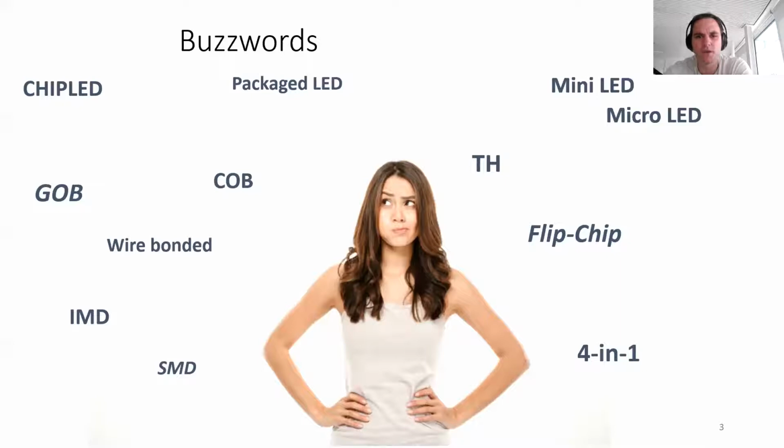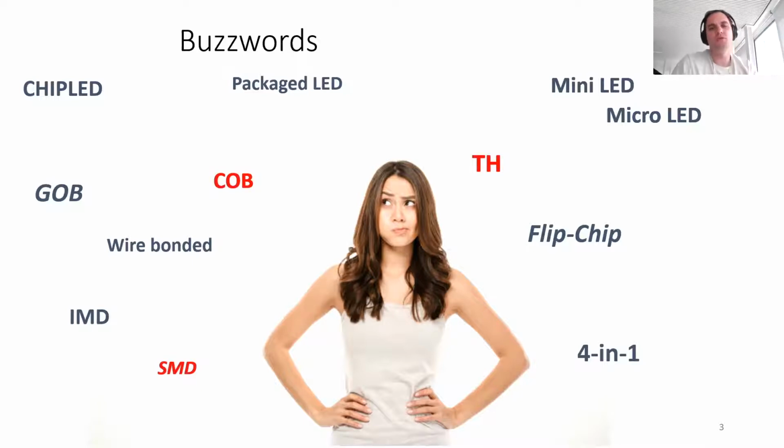So as you can see, there's quite a lot. There's chip LED, COB, wire bonded, IMD, SMD, flip chip, 4-in-1, TH, and so on. So it's quite confusing, and more specifically because these words are also not always used in the right context and with the right meaning within that context.